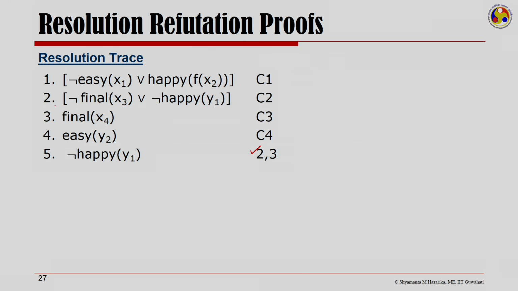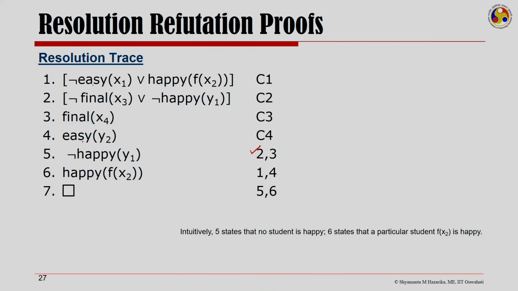So, taking 2 and 3, final and not final go away, and I have not happy(y1). From 1 and 4, I could remove the complementary literals easy and not easy to have happy(f(x2)), and then I have a contradiction from 5 and 6.